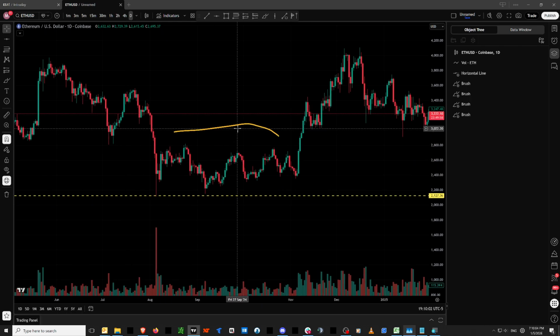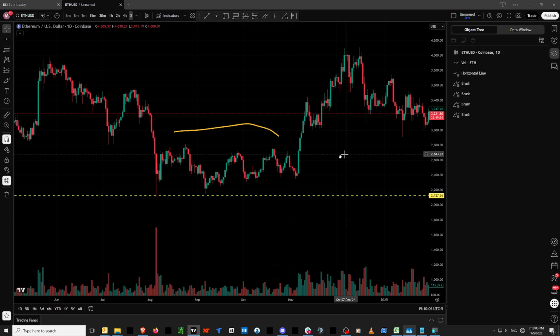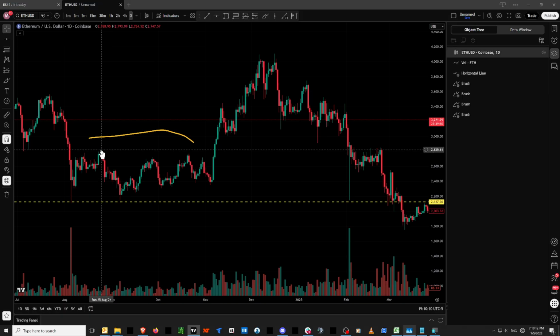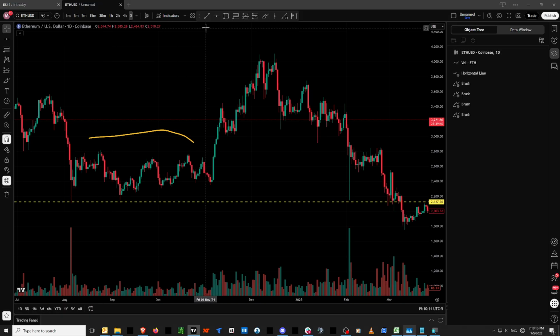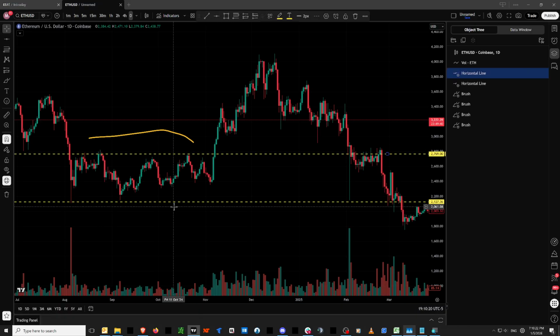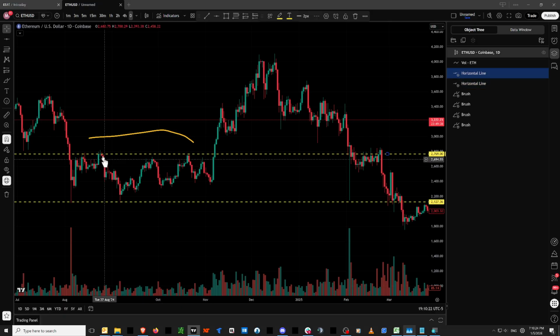Now, at this point, here we see a resistance line right up in here, sort of, kind of right here. Now, we see a resistance line here. Price was below it. Tags it once, twice.